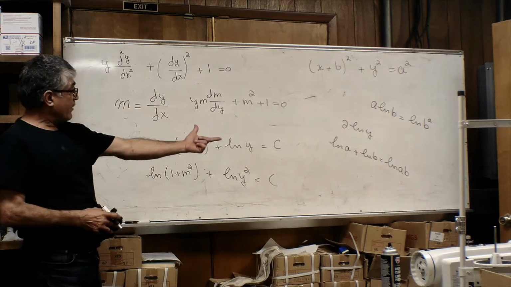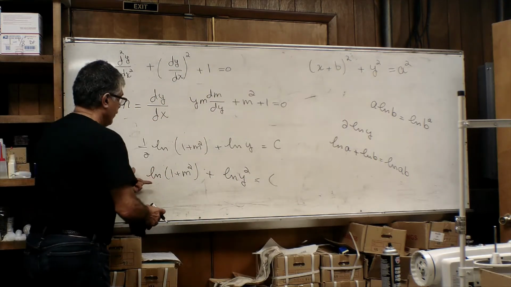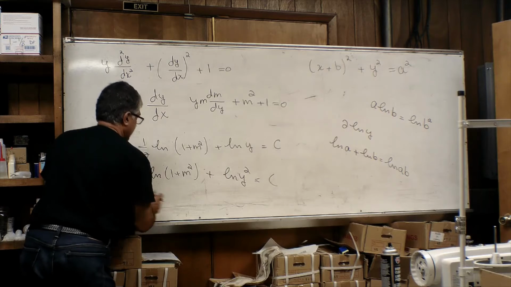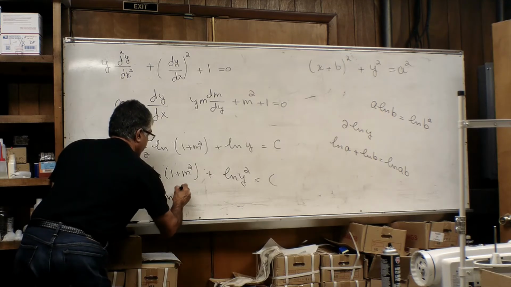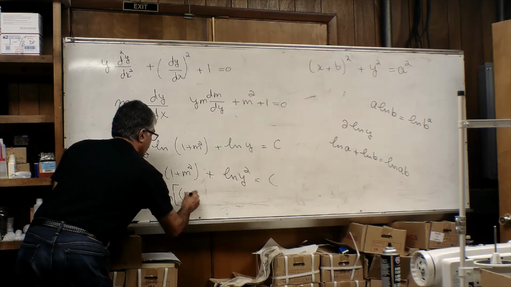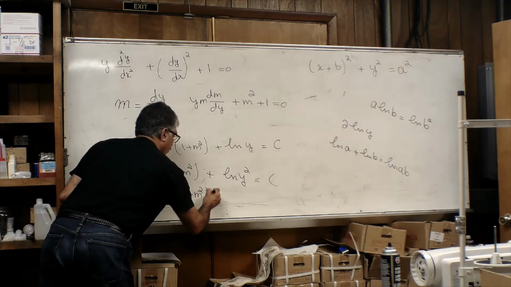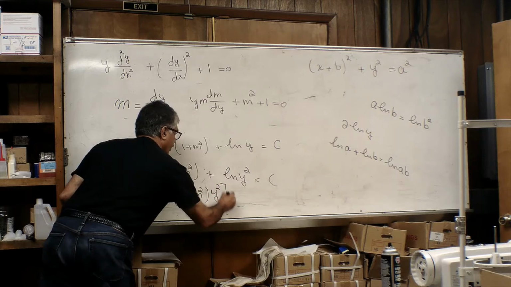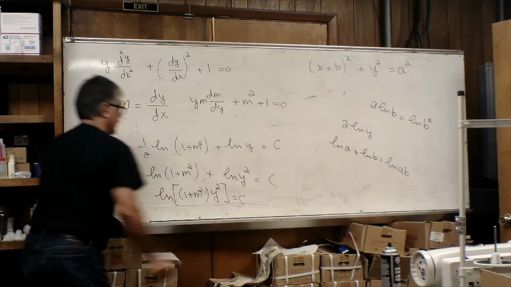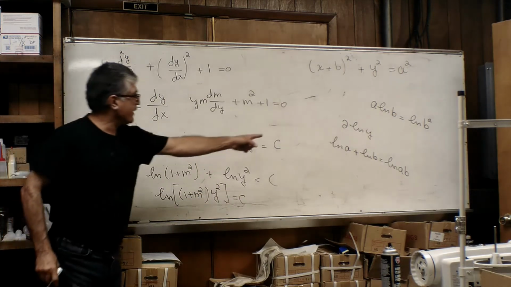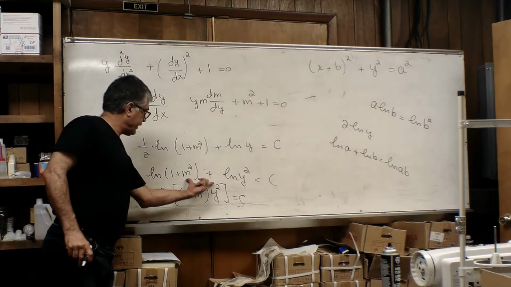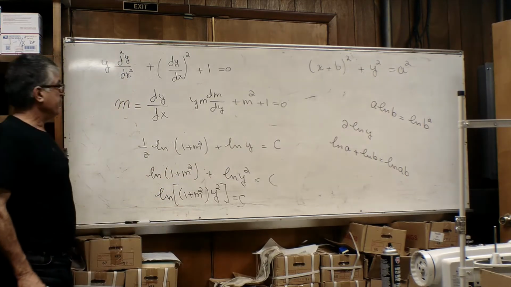Now we use that formula and we can write this as natural log of 1 plus m squared times y squared equal to a constant.